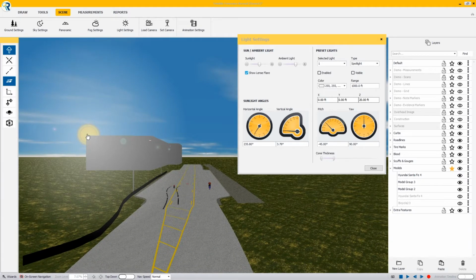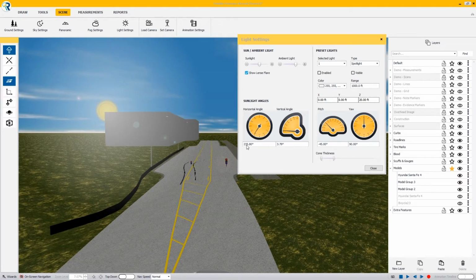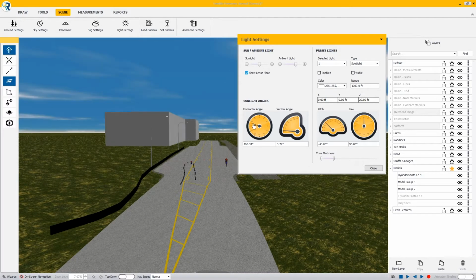Now, I know from my time at the scene that this is not correct. The reason for this is that NOAA and the U.S. Naval Observatory give the horizontal angle in a clockwise direction, with 0 being north, 90 degrees being east, 180 being south, and 270 to the west. However, Reveal goes counterclockwise, and it also offsets at 90 degrees.